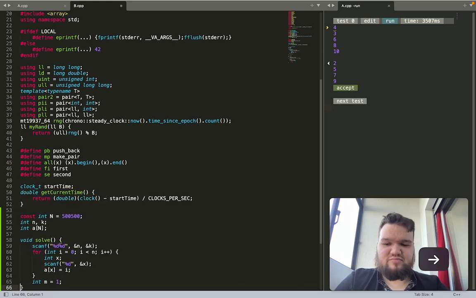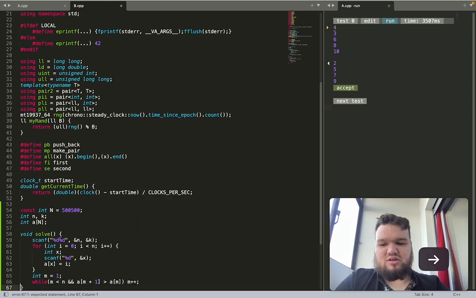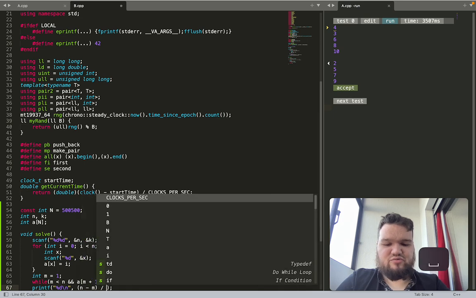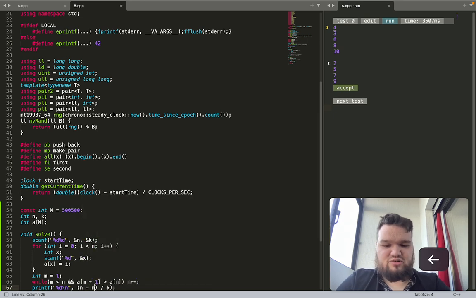I'm saying m is equal to 1, and while I haven't reached the end and the next element is to the right of the previous one, I can increase m, and now the answer is just n minus m divided by k rounded up. To round up, we need to add k minus 1.